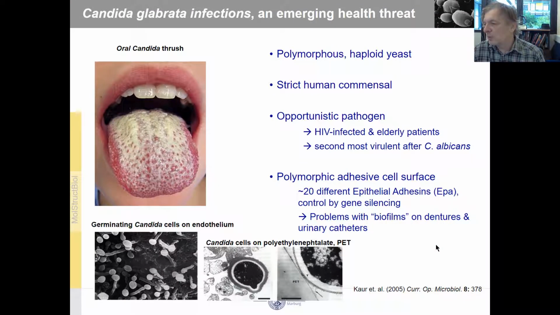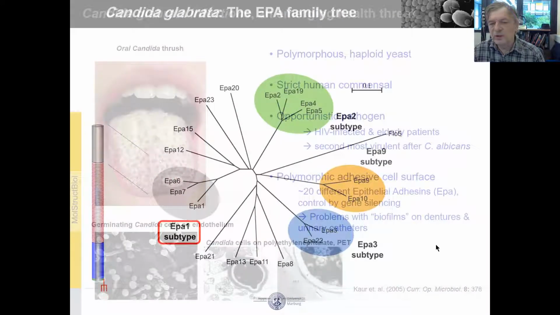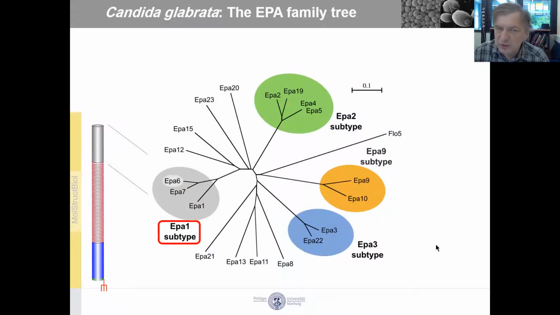To come to this point, also a bit more in detail, there are many more adhesins in Candida glabrata, actually in fungal organisms. Some fungal organisms, especially the pathogenic ones, have almost batteries of adhesins encoded in their genomes, different ones, but they are all related with each other. So, for example, Candida glabrata clinical isolates can code for up to 20 different paralogs of this EPA1 adhesin.